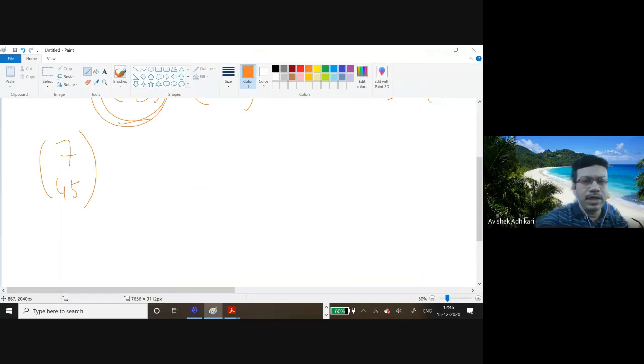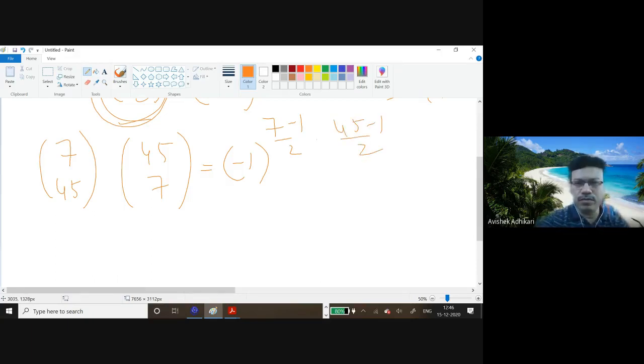So now I can write (7/45), and that is the same as minus 1 to the power (7 minus 1) by 2 into (45 minus 1) by 2. Now calculate this value. What is this value? This is minus 1 to the power 3, and this is 44, that means 22, right? So that means this is 1.